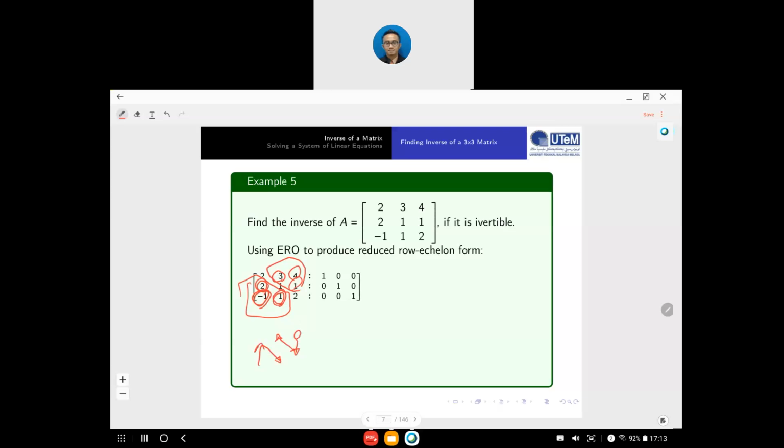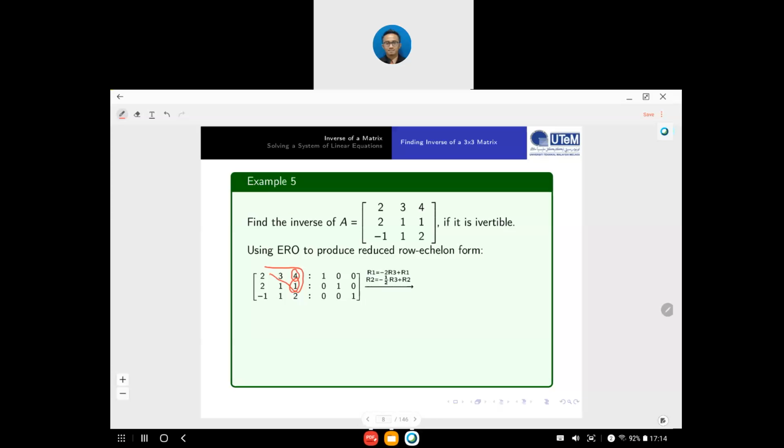So your target is up to you, whether you choose the upper part or the lower part. For this one, I want to make the upper part 0 first. It is easy if you change 4 and 1 to 0 first.